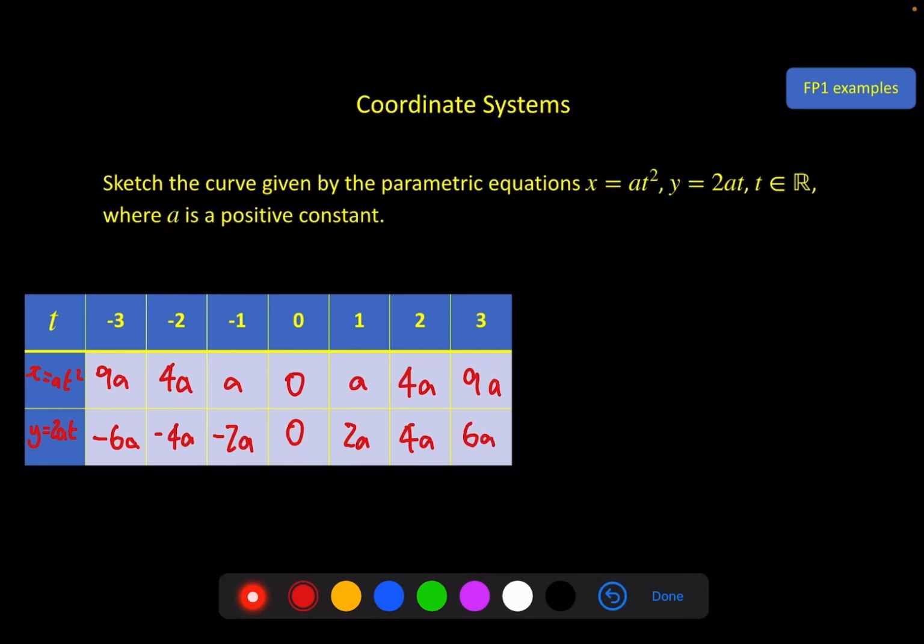So sketching our graph, we're going to need 2, 4, 6a on the y-axis, and the same on the negative. And then on the x-axis, we're going to need to get up to about 10, so 2, 4, 6, 8, 10.